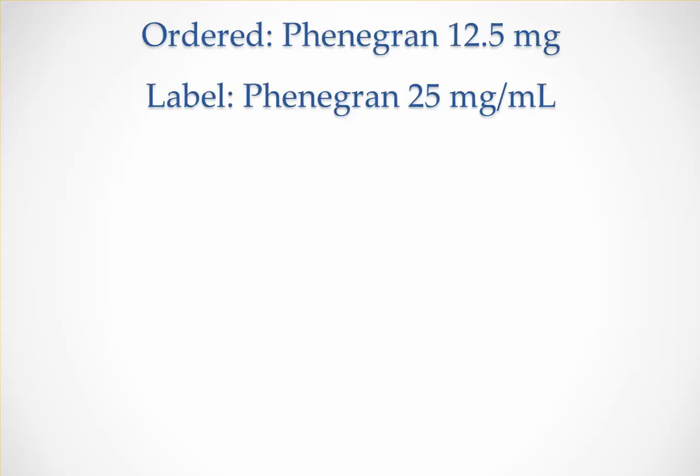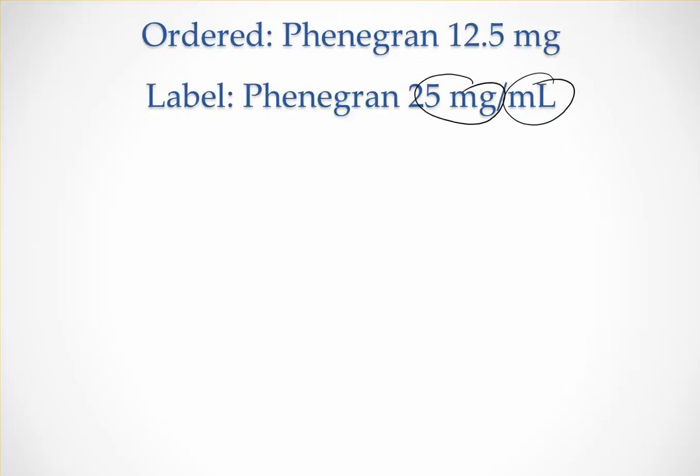So, for example, in this problem, the order was for Phenergan, 12.5 milligrams, but the label, the actual product that the hospital or the pharmacy has on hand, is in a liquid form, and it has 25 milligrams per milliliter.